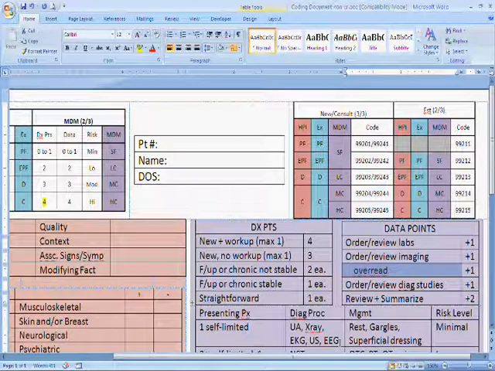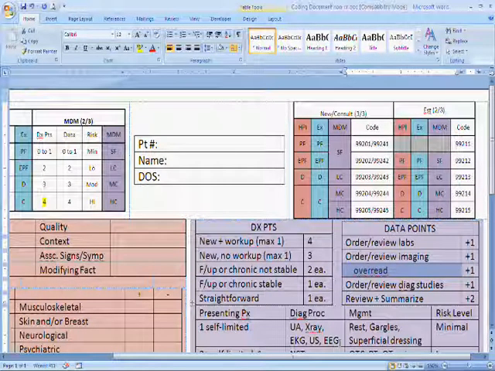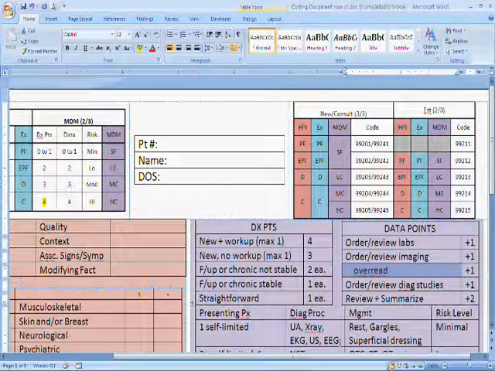One way to think of it that I've been told, and I think is a good way to think of it, is that you get 1 point for the film itself, and then you get another point for the radiologist report. The same thing can be done for diagnostic studies.